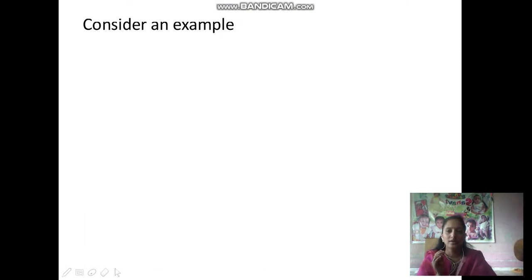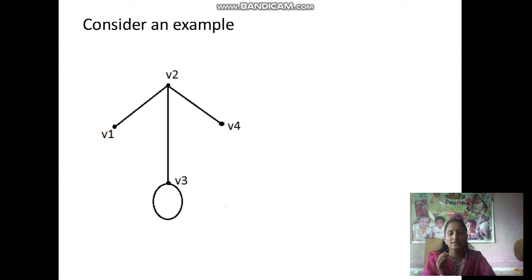Now we consider one example for adjacency matrix representation of the graph. Here consider the graph G, which contains the vertices V1, V2, V3 and V4. There are 4 vertices in the graph.